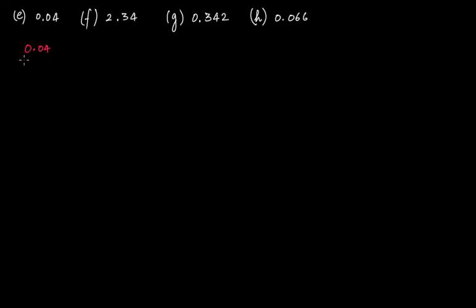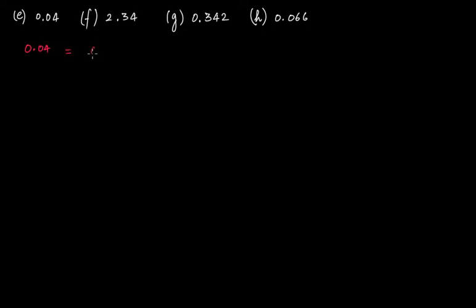It means that you don't have one entire thing. 0.04 tells you that at the tenths place you have 0, and at the hundredths place we have 4. It means that you have a decimal representation which goes up to the hundredths place.